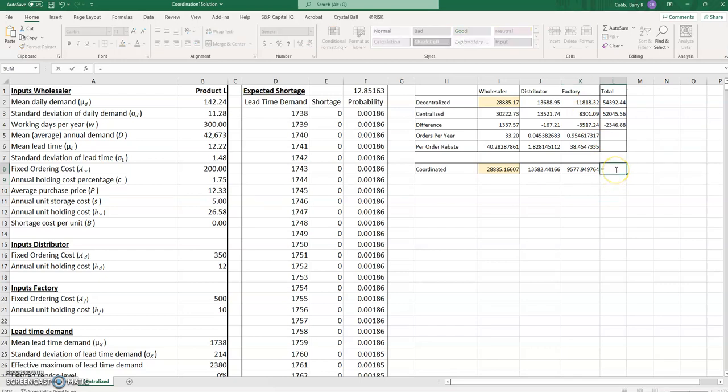But if we add all of this together, we find that the overall supply chain is now down to their centralized level of cost. So by providing this incentive to the wholesaler, we potentially could reduce costs throughout the supply chain.